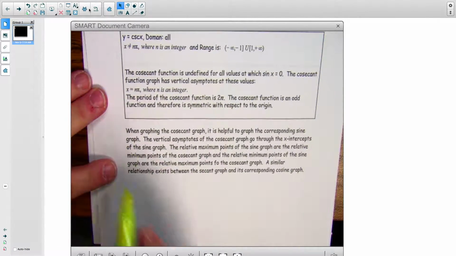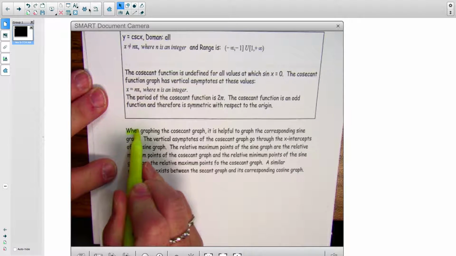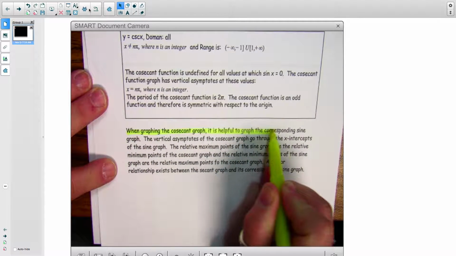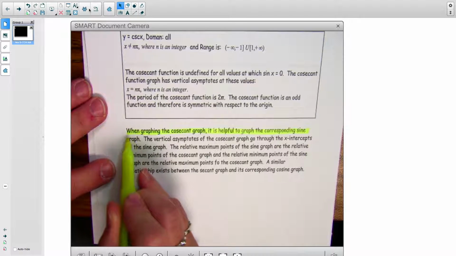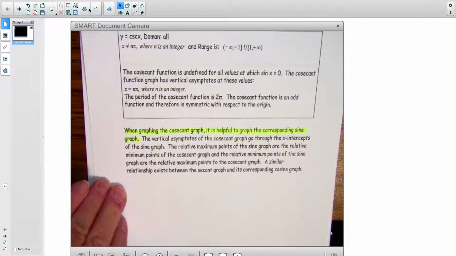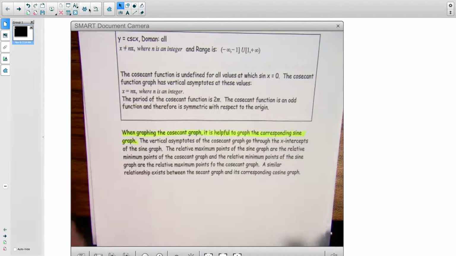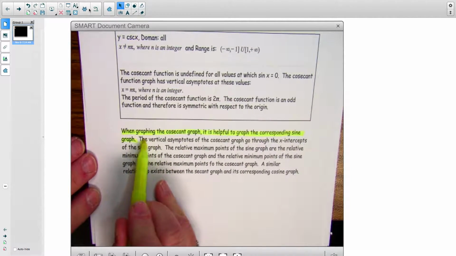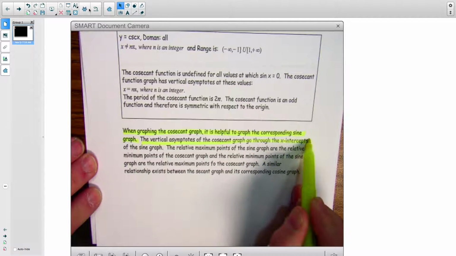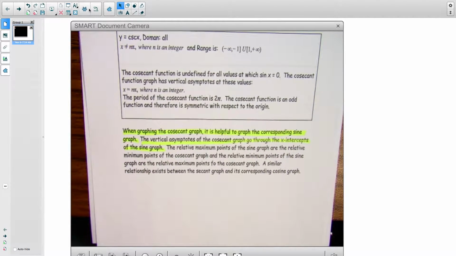When graphing the cosecant and the secant, it's helpful to graph the corresponding sine or cosine graph. The vertical asymptotes of the cosecant graph are where you have x-intercepts of the sine graph.